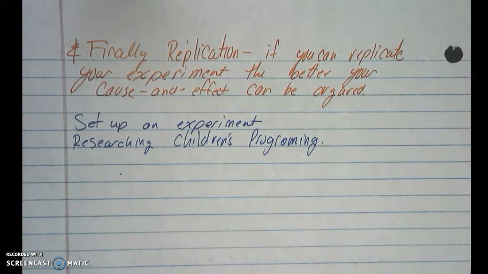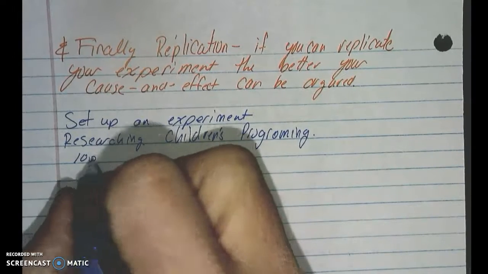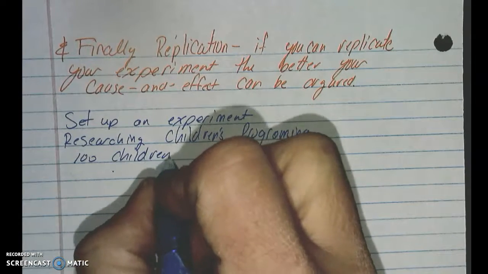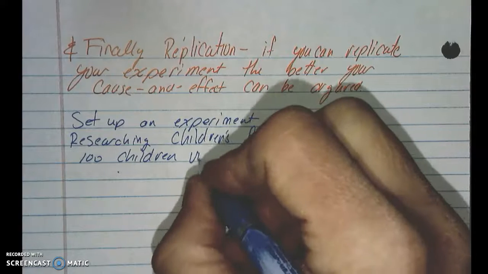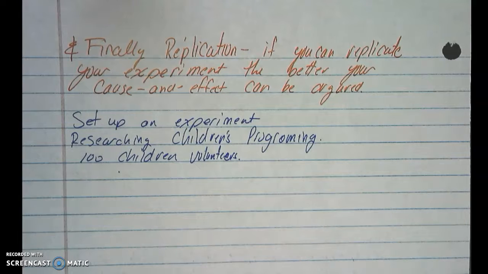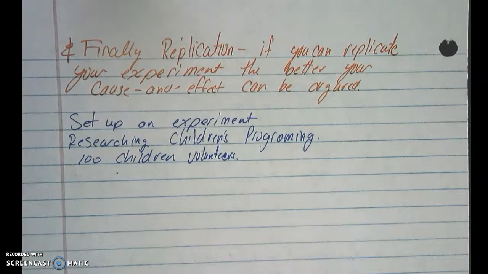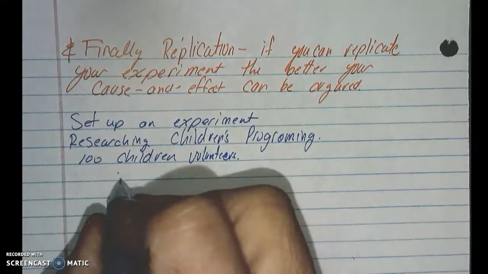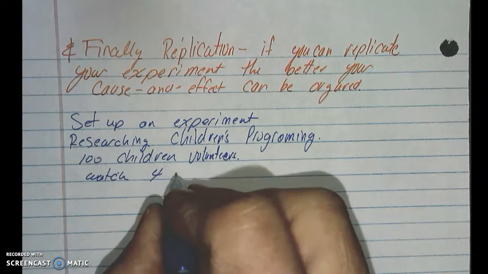Okay, so what we're going to do is we are first going to have 100 children volunteers. I hope you choke on that spit. All right. We're going to watch 4 different shows.